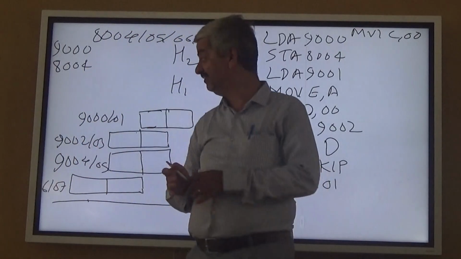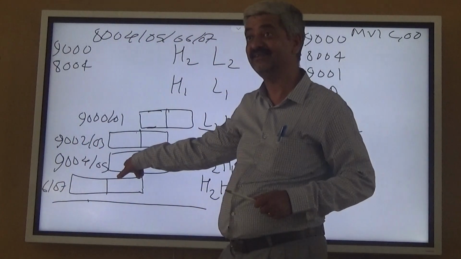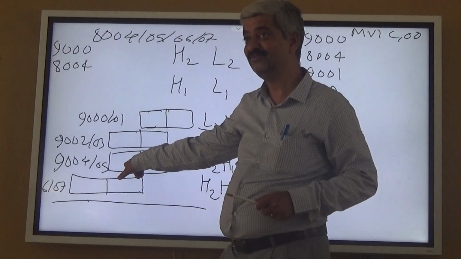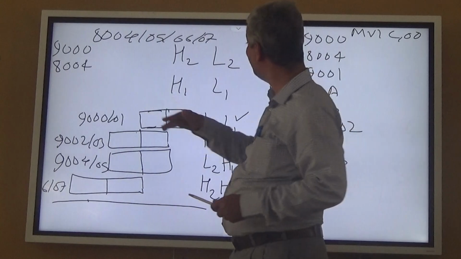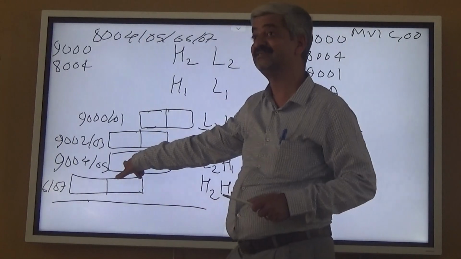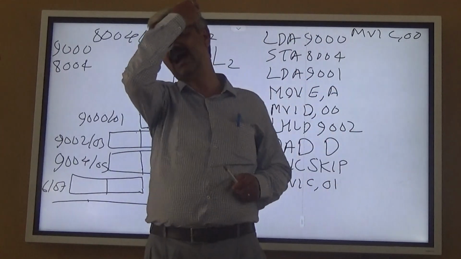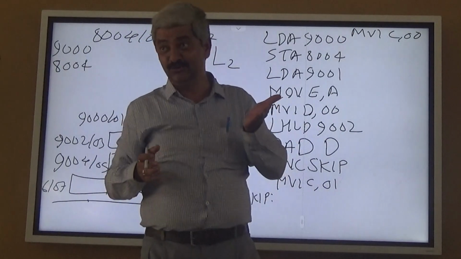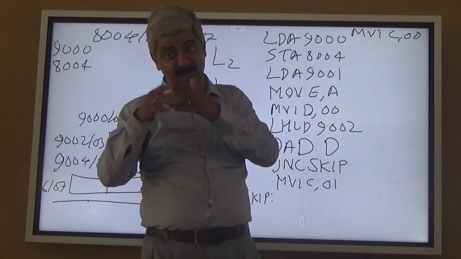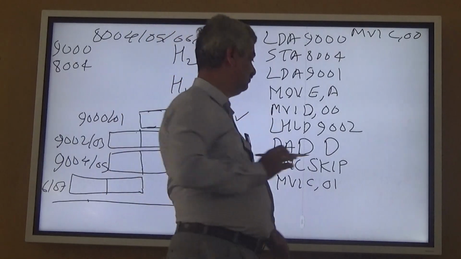This number is not yet loaded. You have something in HL, in that you have to add this, but you can't load it in another register pair, otherwise you have to go for LDA. So you can exchange, you are aware of the last time instruction. So XCHG.